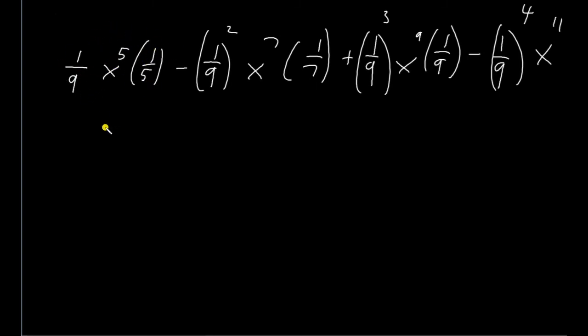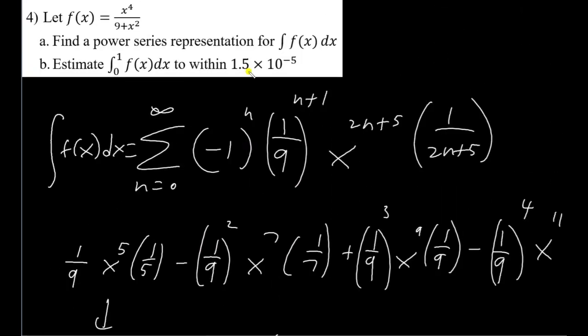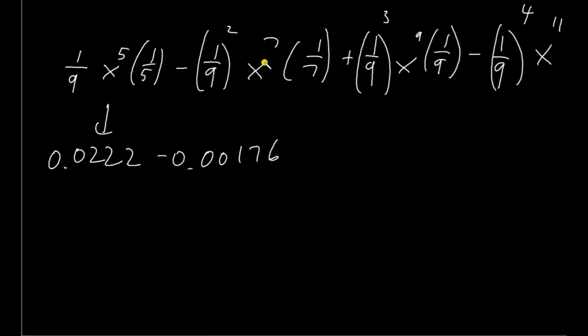If we plug in x equals 1 into here, we'll get 1/9 times 1/5, which if you put it in your calculator, you'll get 0.0222. And then the second term, if you plug this in your calculator, you will get 0.00176. And we're going to keep listing out the successive terms until we get a number that's less than 1.5 times 10 to the negative fifth.